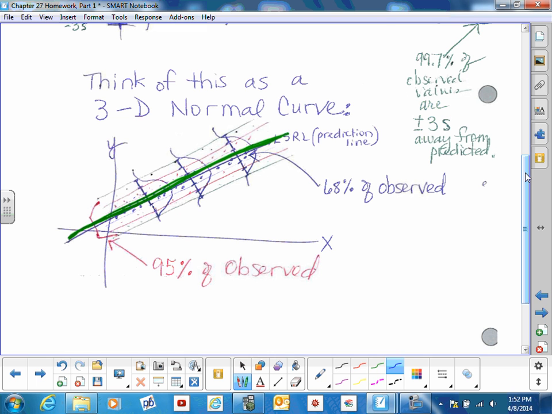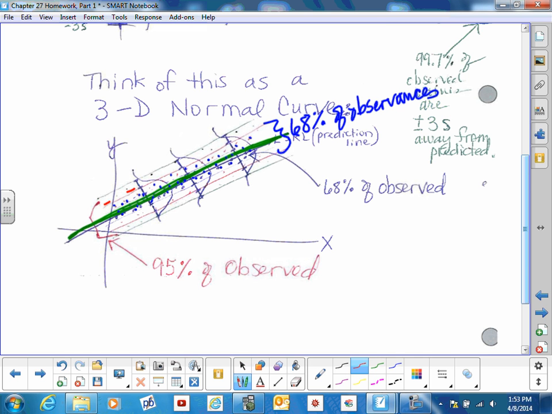You will have 68% of data within 1 standard deviation around the prediction line. You see that? You will have 68% of the observations within 1 standard deviation, up and down. How about 2 standard deviations?